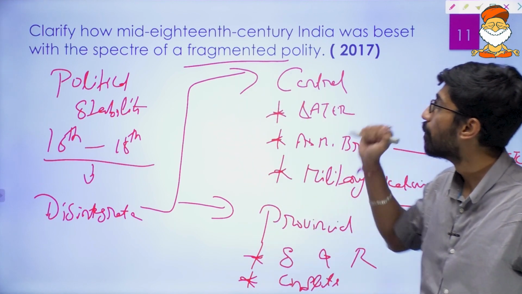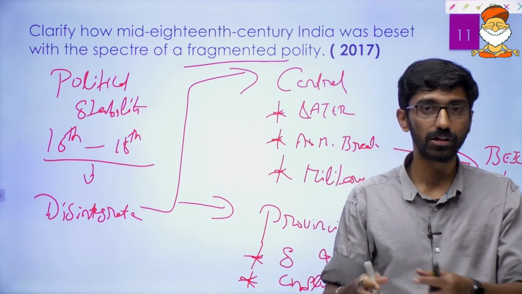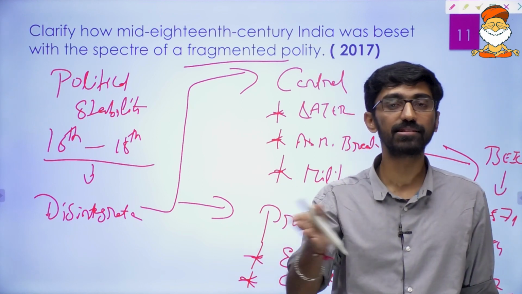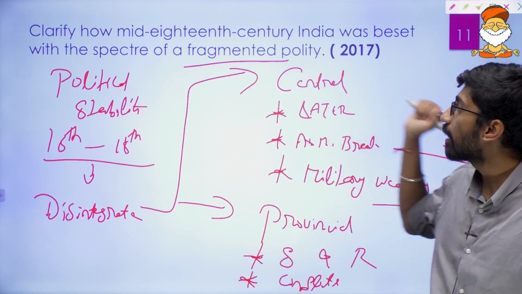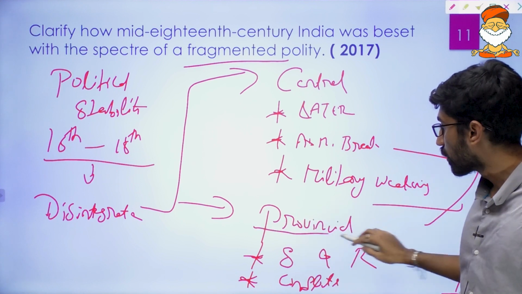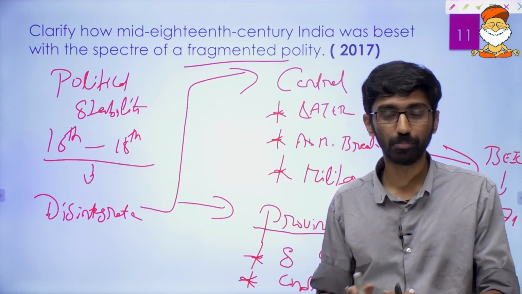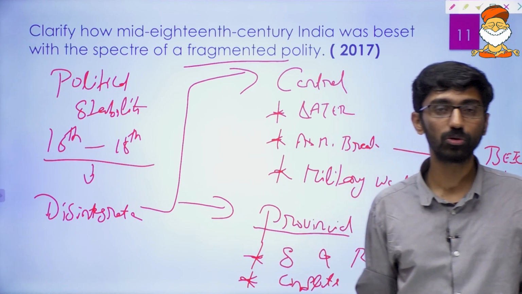Clarify how mid-18th century, somewhere around the 1750s, India was beset with the spectre of a fragmented polity. Of course, the mid-18th century politics had its genesis in the beginning of the 18th century. You can also bring out the conflicts of the provincial states like Bengal, Awadh, Hyderabad, and then Carnatic and Mysore, all these kinds of states.